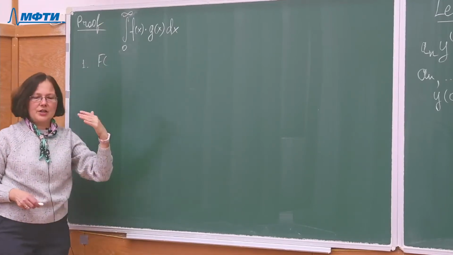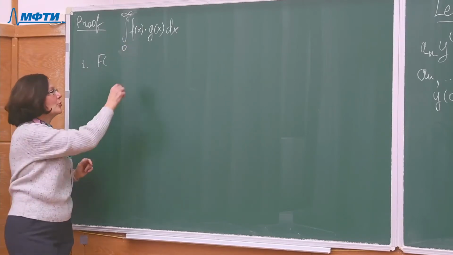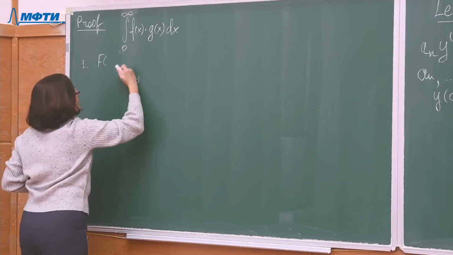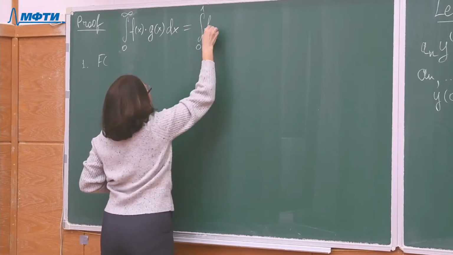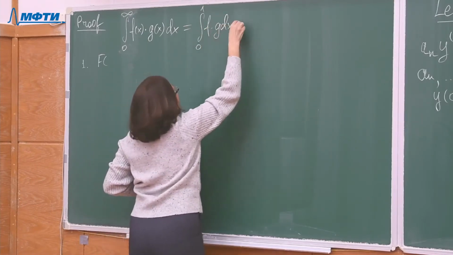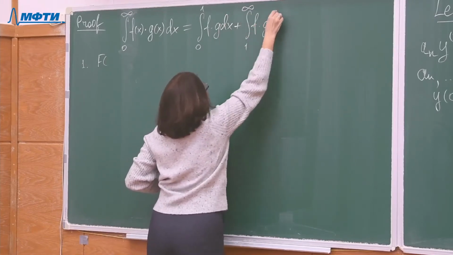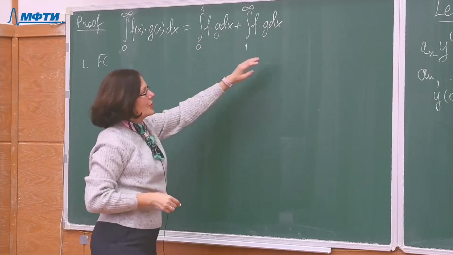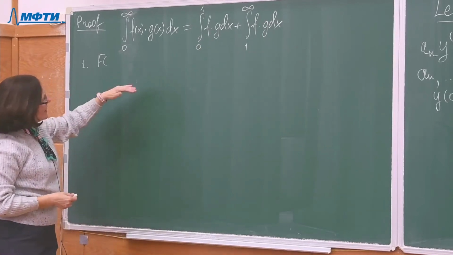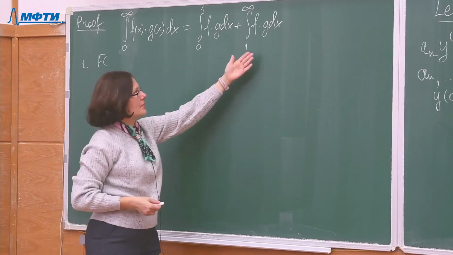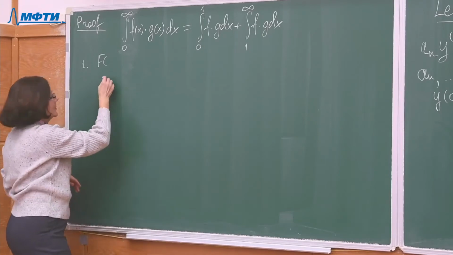But generally, we can cut this integral. So we should represent this as the sum of the integral from 0 to 1, for example, of f times g dx plus the integral from 1 to infinity of f times g dx, and consider the convergence of these two integrals separately, right? But let's consider one of them, say this one. Let's discuss the second integral.